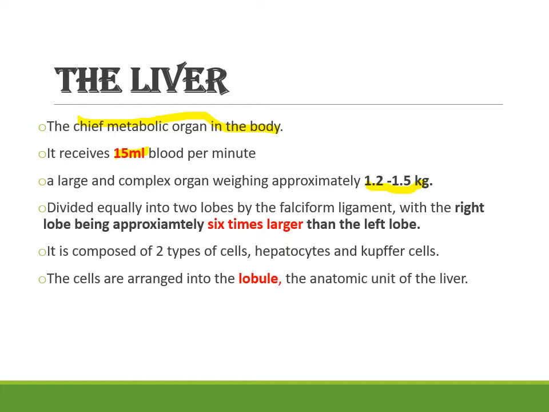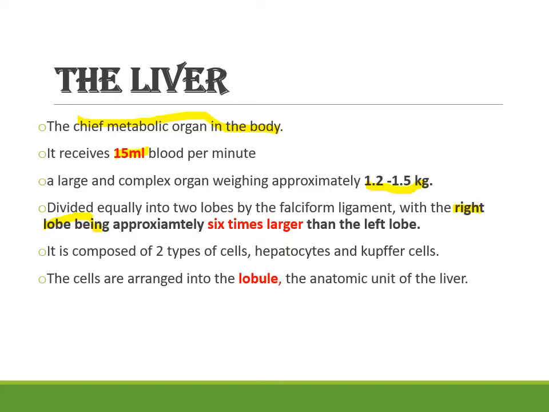If you compare the size of the lobes, the right lobe is much larger than the left lobe. Always remember, guys, that the right lobe of the liver is 6 times larger than the left lobe. Inside the liver, we have two types of cells.